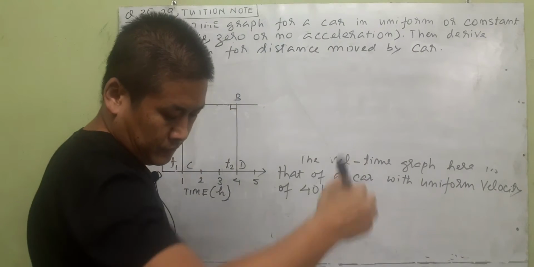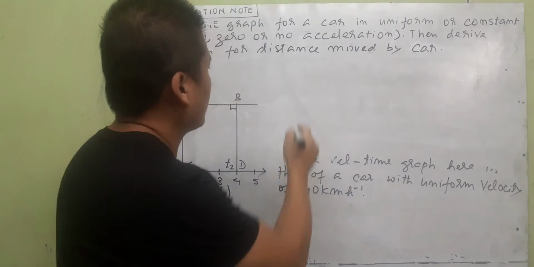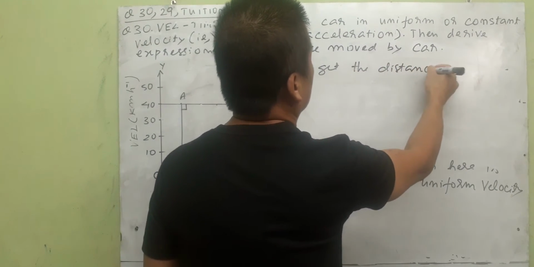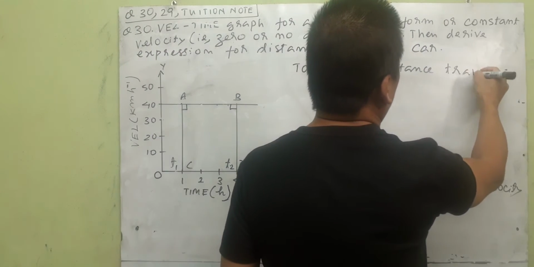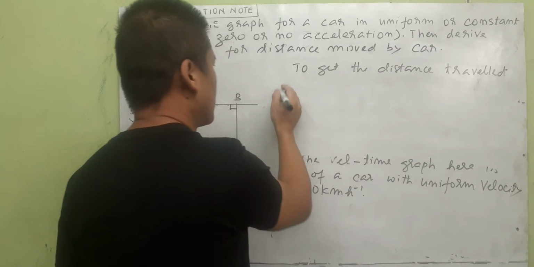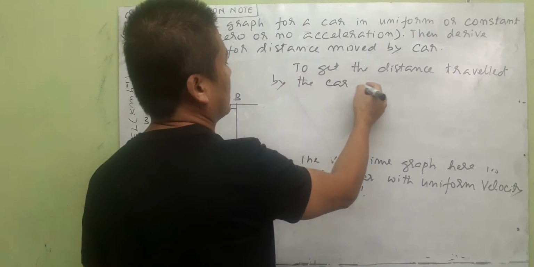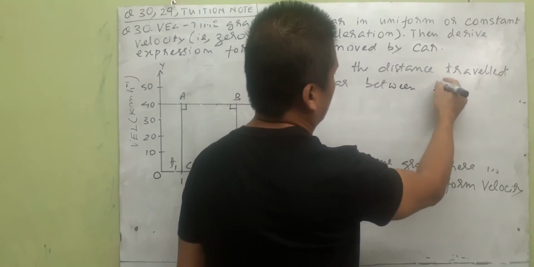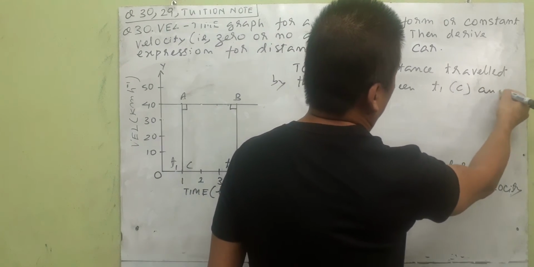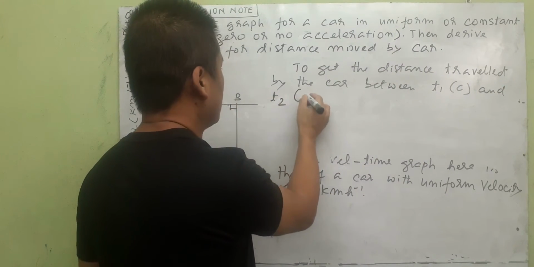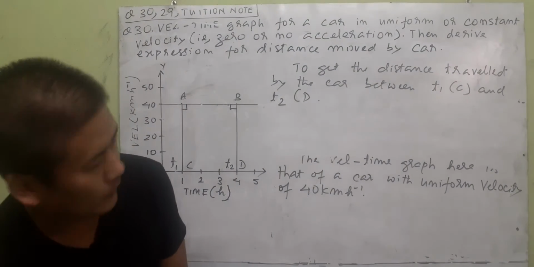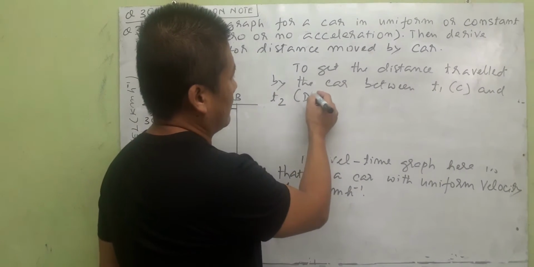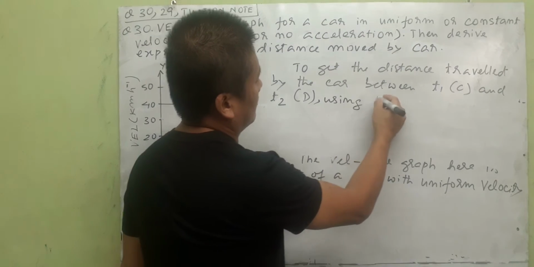So we can write here, to get the distance traveled by the car between T1, which is point C, and T2, which is D, to get the distance traveled by this car between T1 point and T2 point using velocity time graph.